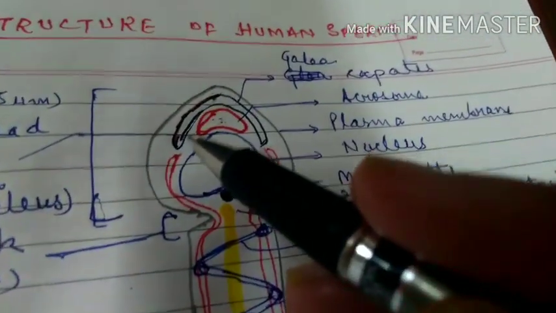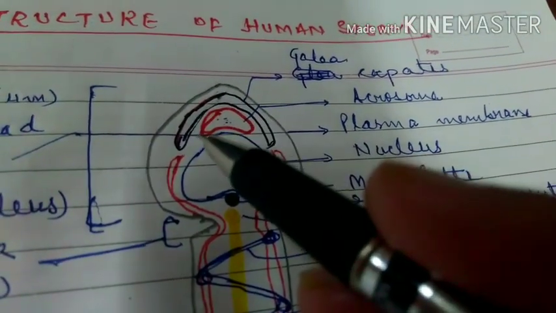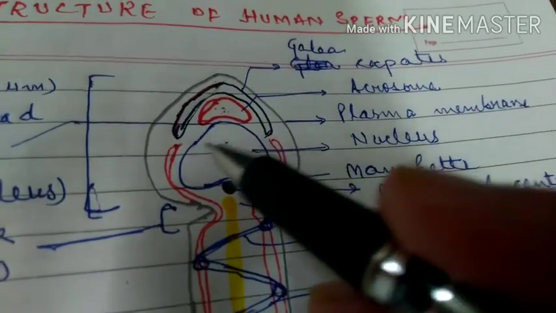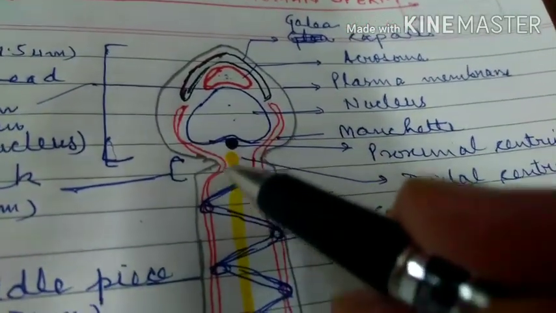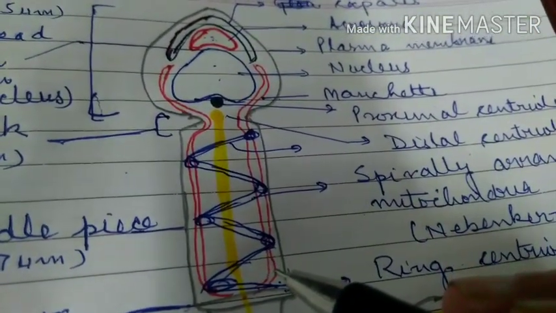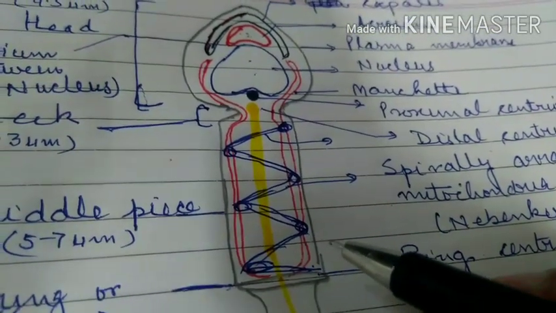So the galea capitis covers the acrosome and the upper half of the nucleus. The lower half plus neck plus middle piece is covered by another layer called the manchette.